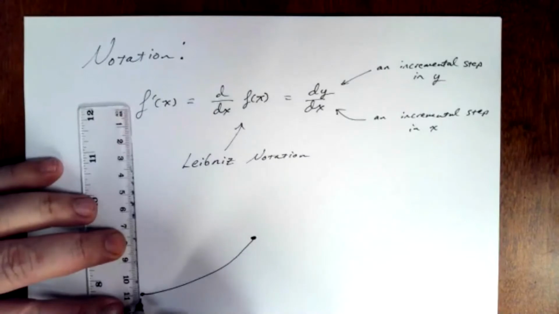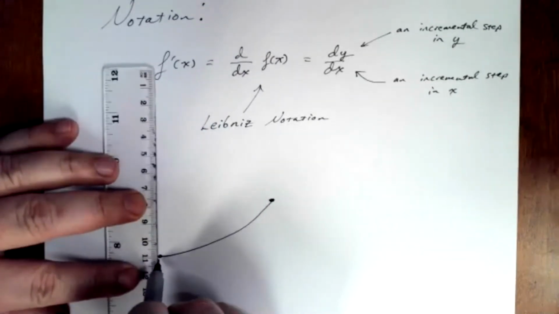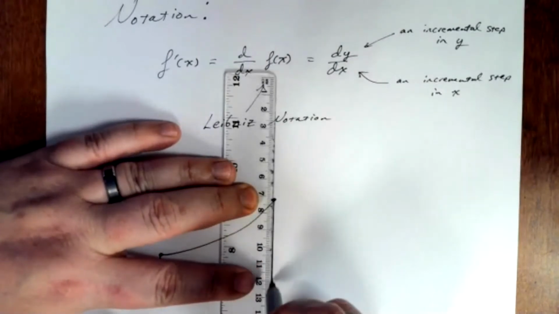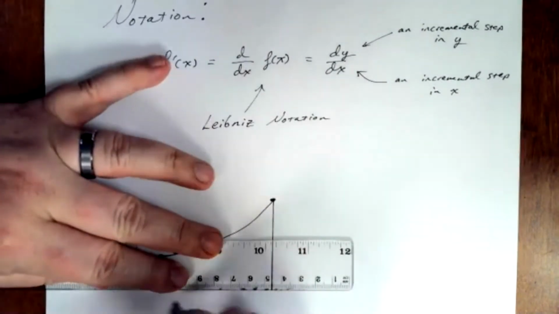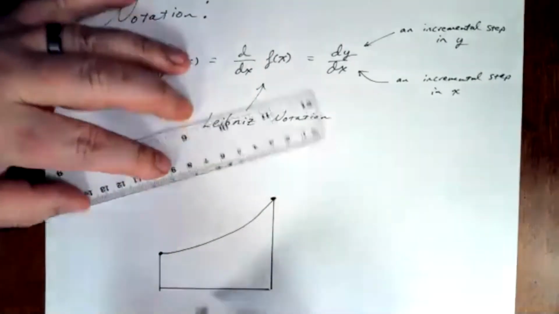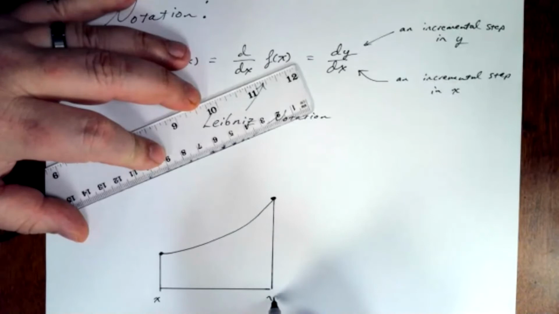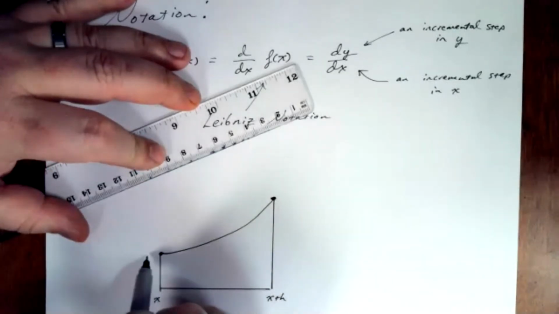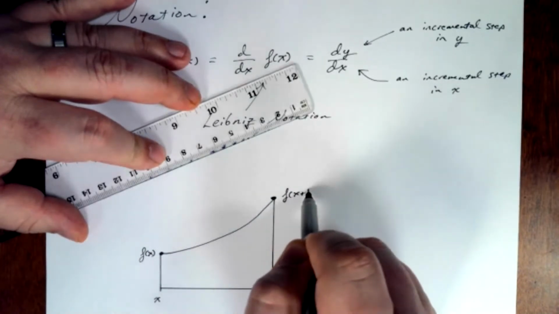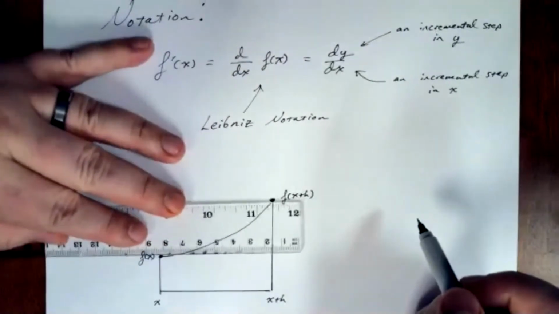When we did this the other day, we saw this kind of an effect. I had x plus h. This is f of x, and this was f of x plus h.